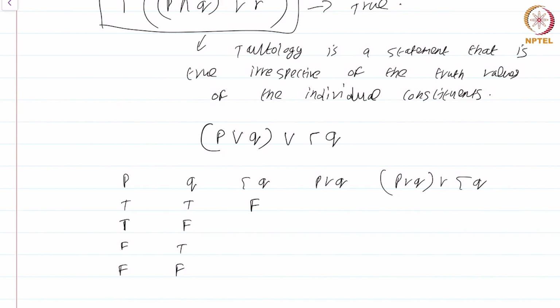P or Q is true here, true here, true here, false here. Now P or Q or negation Q is true, true, true, true. So irrespective of how you assign the truth values to P and Q, you will always get the final result for P or Q or negation Q as true. Such a thing is called a tautology.